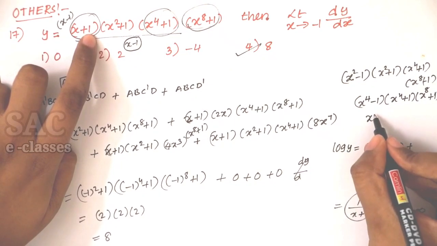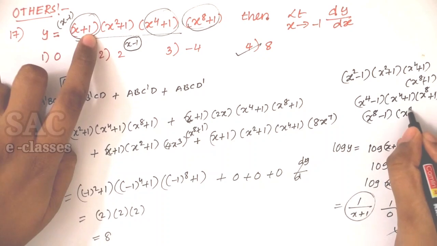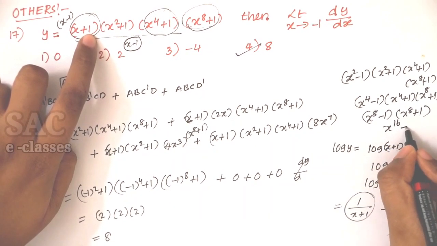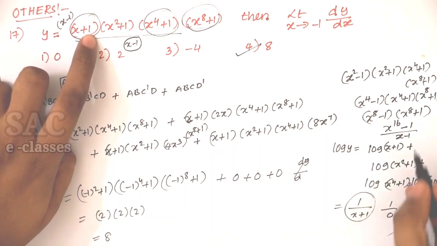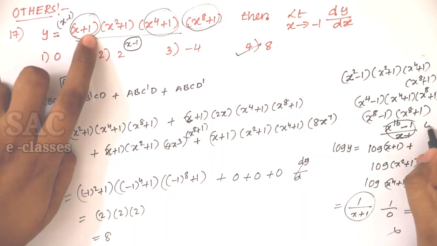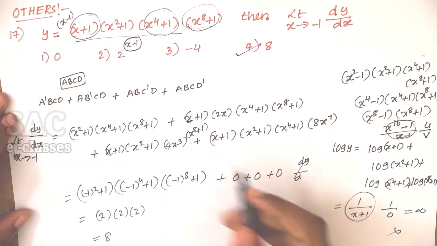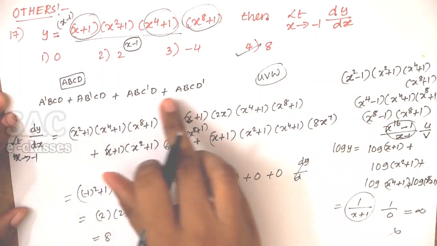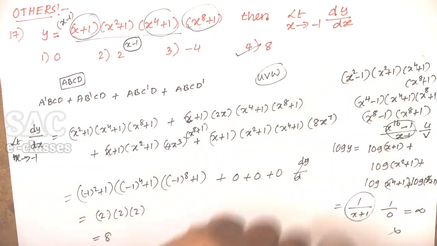Again x power 8 minus 1 into x power 8 plus 1. Again x power 16 minus 1 by x minus 1. For this we have to go for the u by v rule rather than the simple UVW. If you take it as A, B, C, D with this method, you can easily find the differentiation as well as apply the limit.